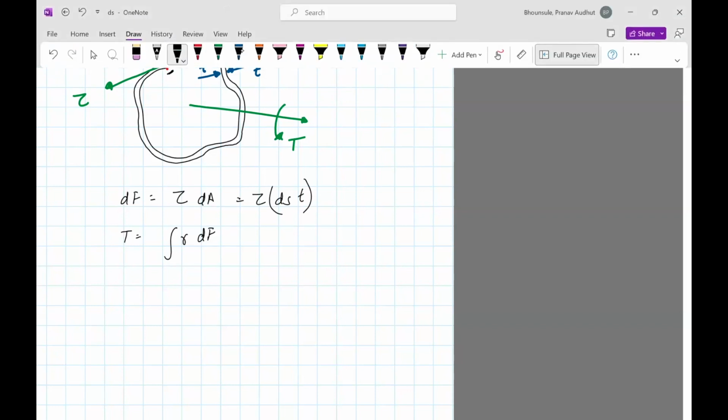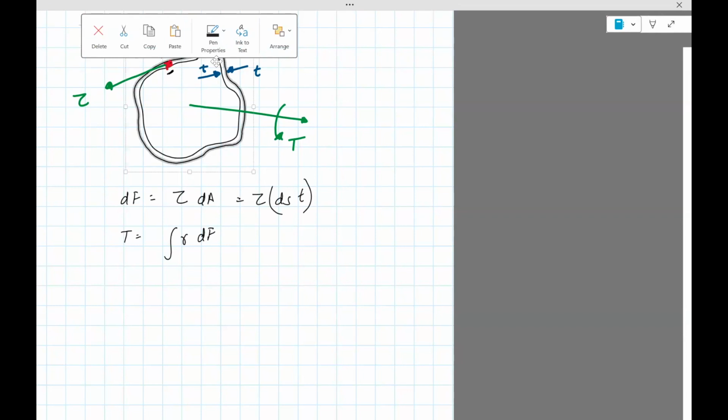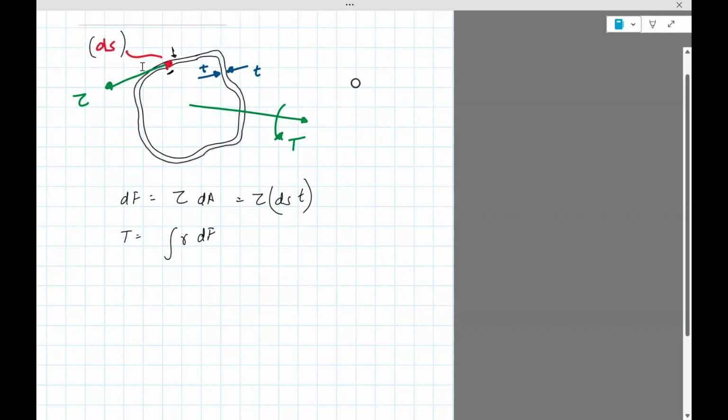Clearly, this is r. So r dF, and dF is tau ds times t.